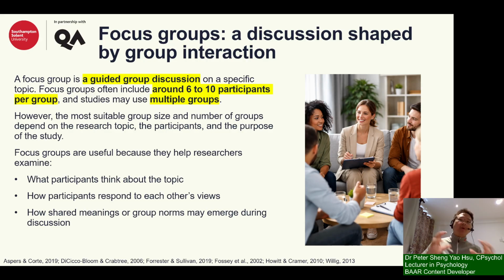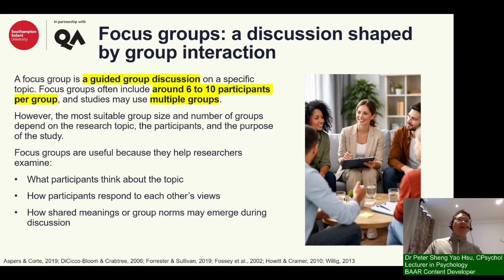Some participants may dominate the discussion, others may stay quiet. Some topics may be too sensitive for people to discuss openly in a group. Therefore, focus groups are not always suitable.